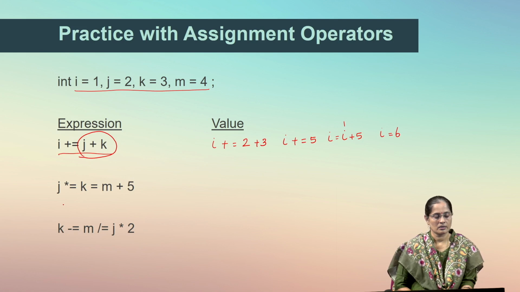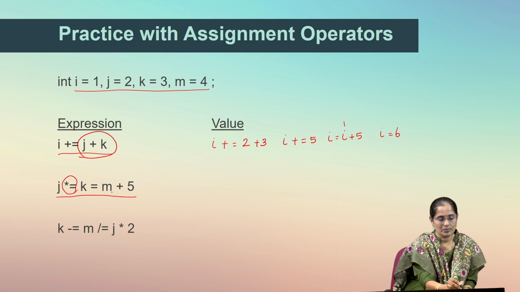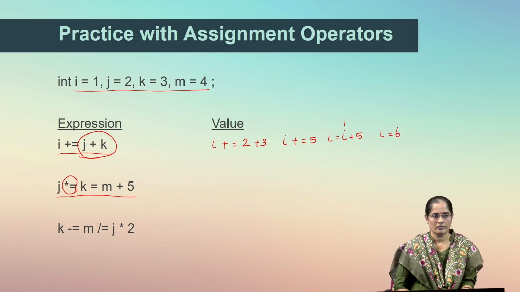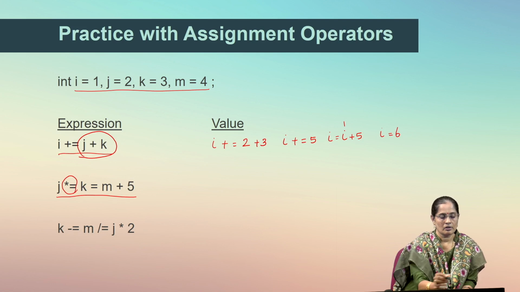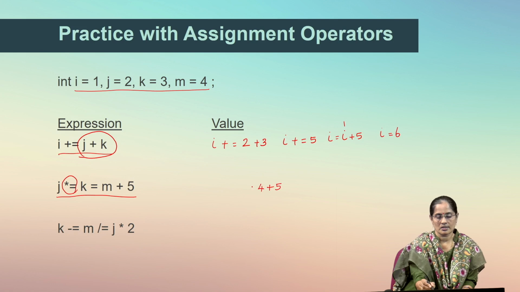And if you see the second expression, which contains the shorthand assignment, there is one expression on the right hand side. So, this expression would have to be evaluated, and then we have to assign it to the variable j. If you evaluate the right hand side expression, m value is substituted to be 4 plus 5, and which is assigned to the variable k.